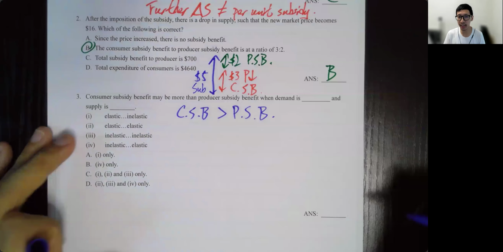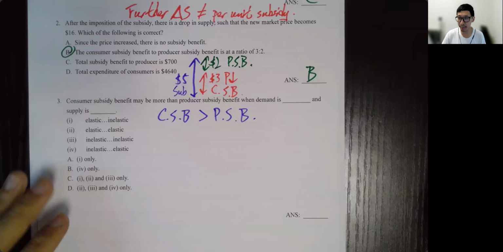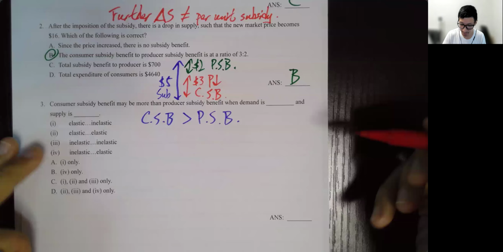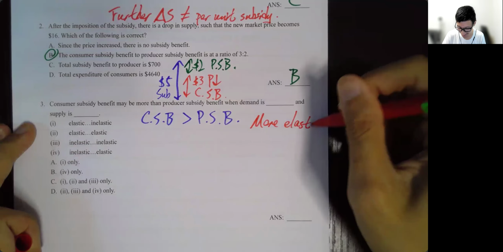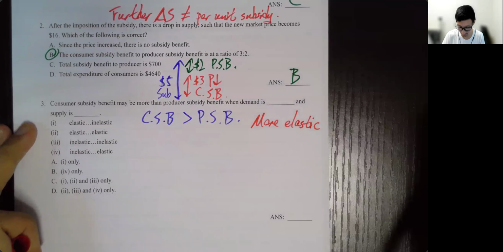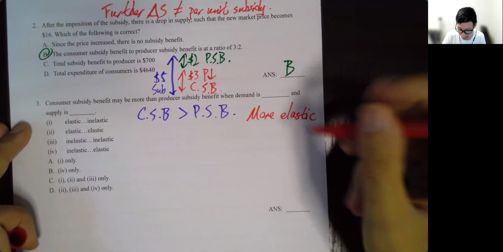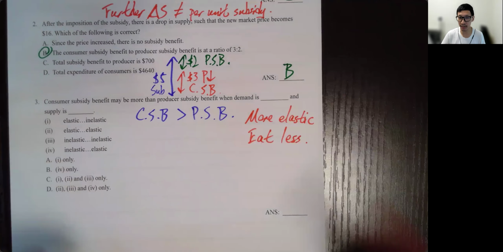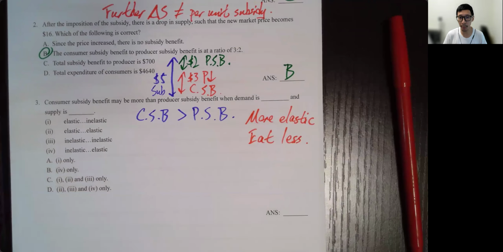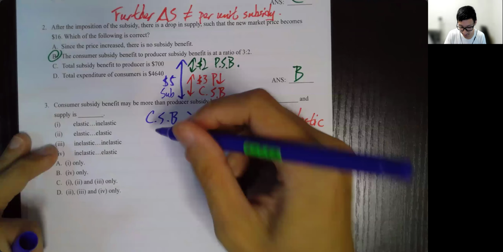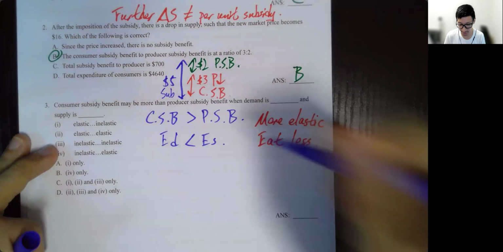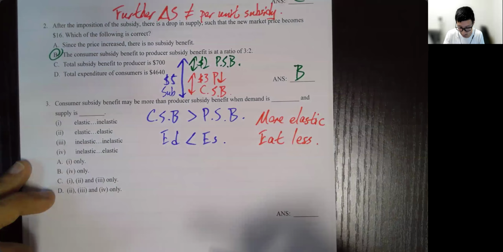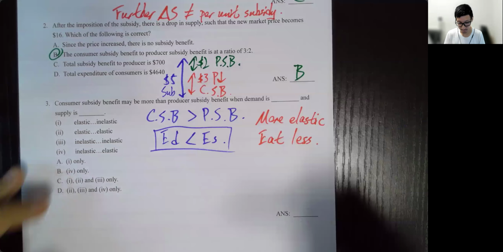Now, we have already said many times, 記住啊, the more elastic, the more we eat less, 係咪啊? Elastic 嗰個食少啲啊嘛. Which in operation means that ED, since it is eating more, it is less elastic than ES. This is the only conclusion we have.